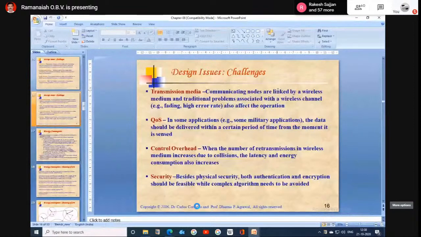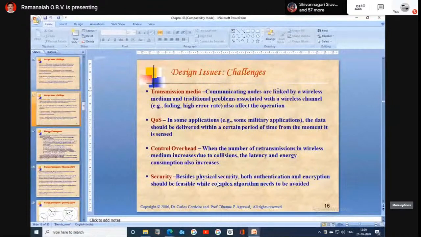Suppose a sensor node that is deployed is not reporting correctly. Say 100 terrorists are infiltrating, crossing the border, but the sensor nodes report that only 2 or 3 are crossing the border. Then it's wrong data, so wrong action is taken.